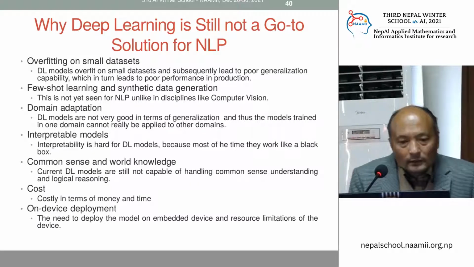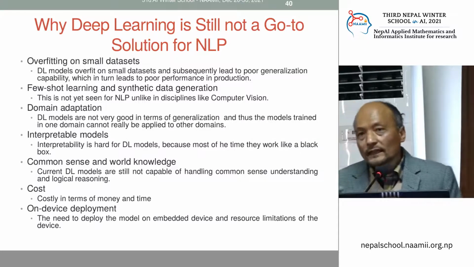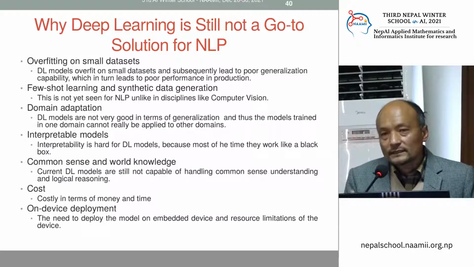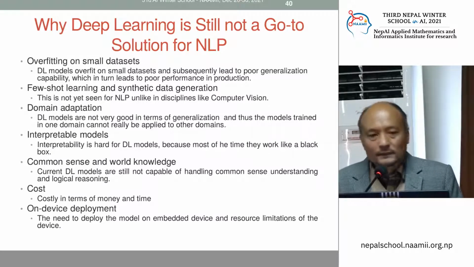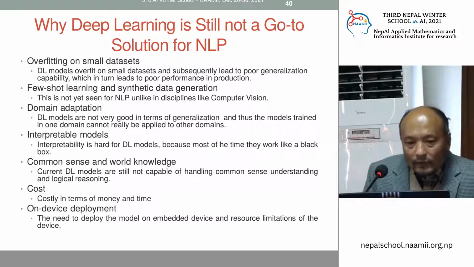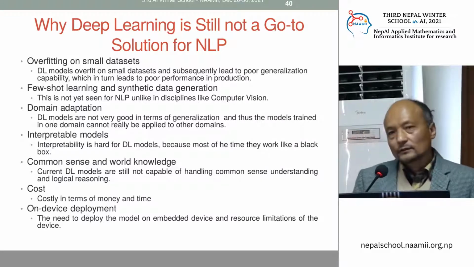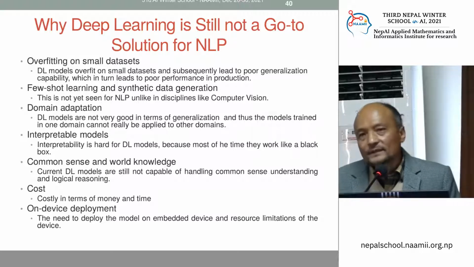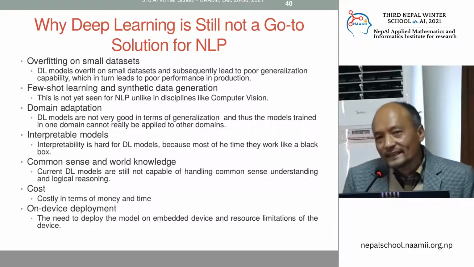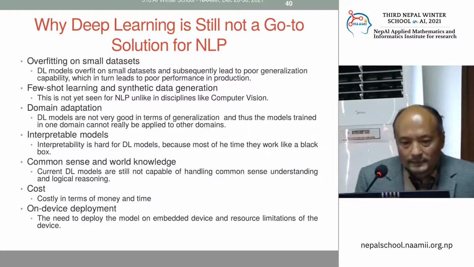But similar results have not been observed in NLP problems. We still cannot really escape from developing data sets, corpora, and all those things. So few shot learning is not essential for NLP, unlike in disciplines like computer vision. For that reason as well, it might be difficult to readily go for deep learning to solve NLP tasks.